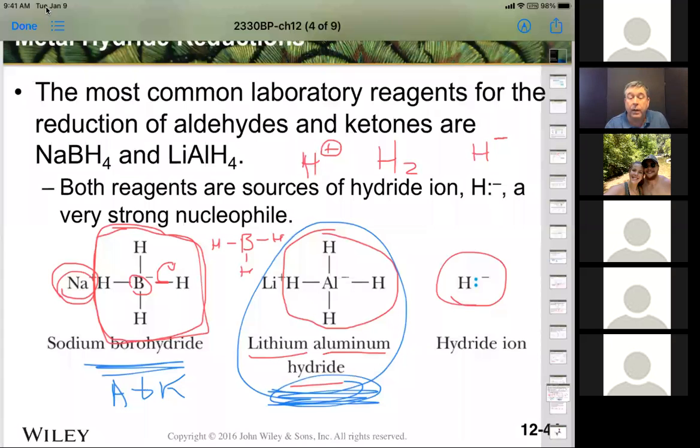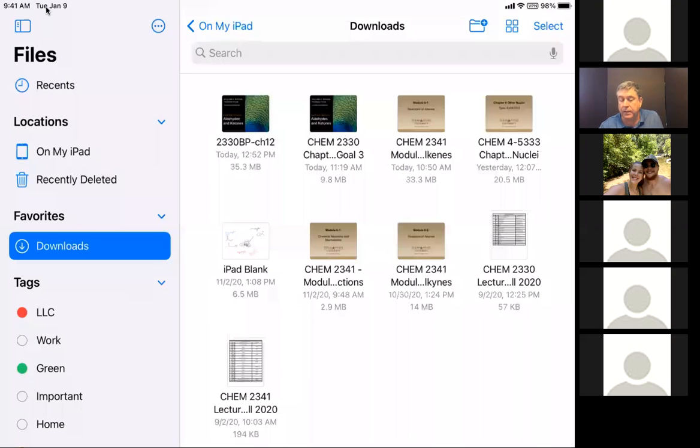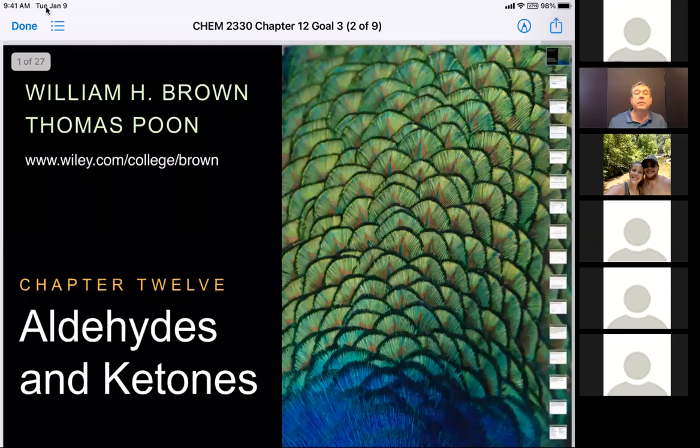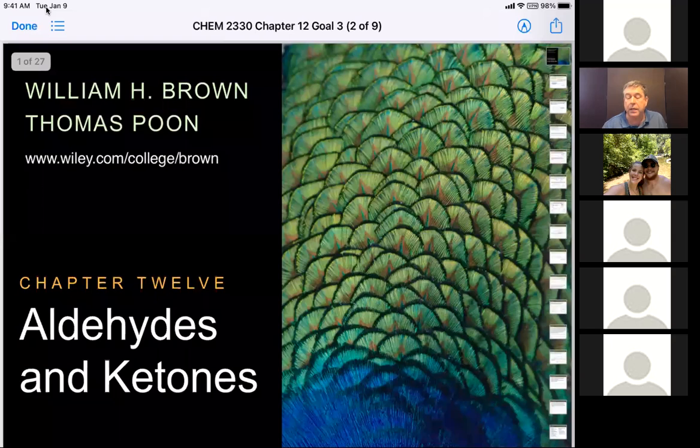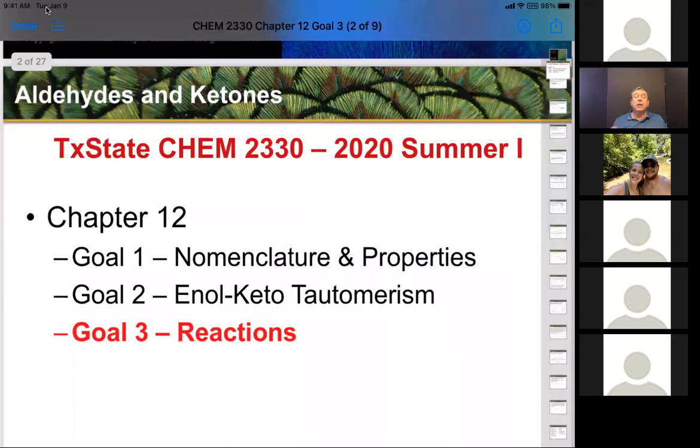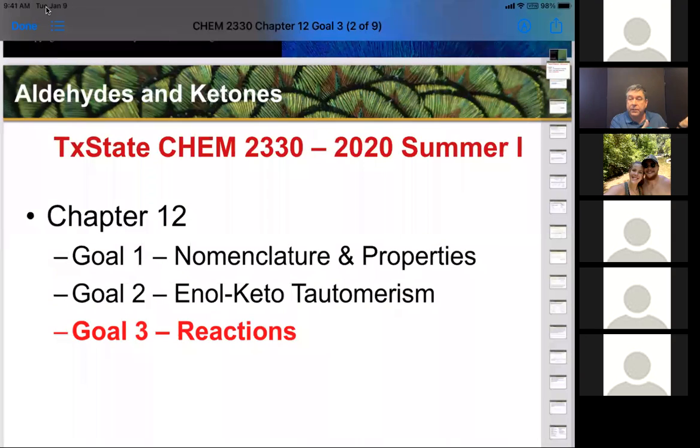Okay, so what I want to do for the rest of it is pull up my goal slides for aldehydes and ketones and specifically look at goal number 3 of the goal slide, okay? In goal number 3, we're talking about the different reactions. So nomenclature, we talked about that already, keto-enol tautomerism.